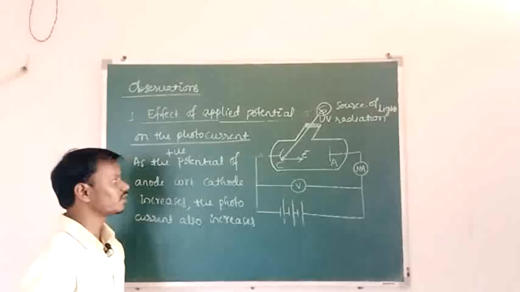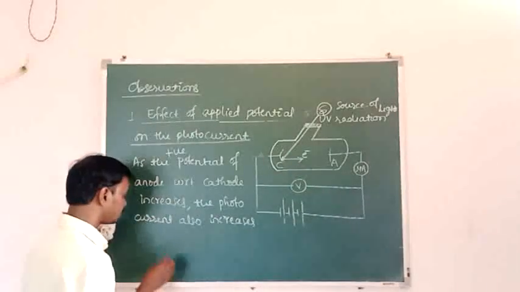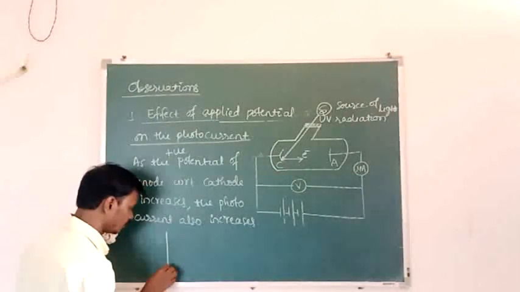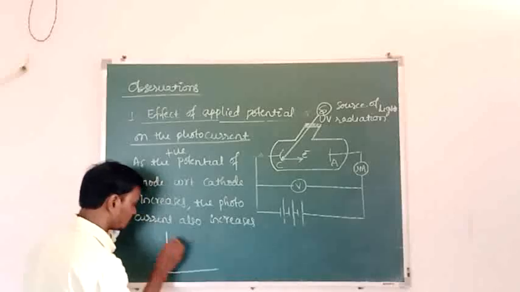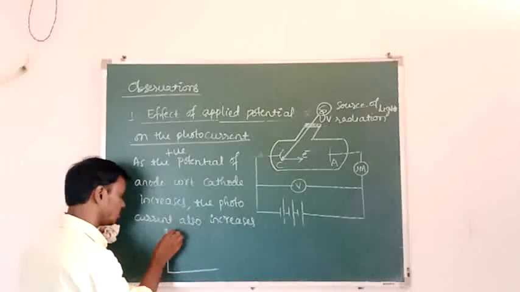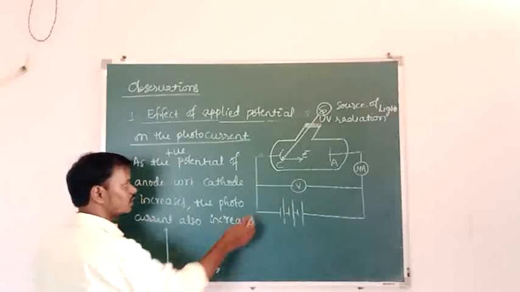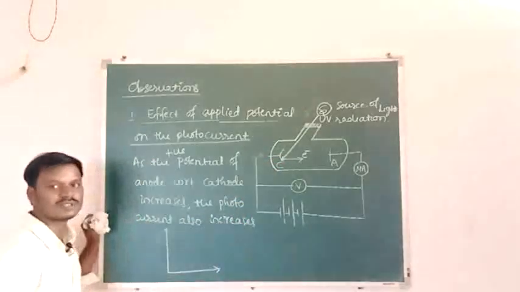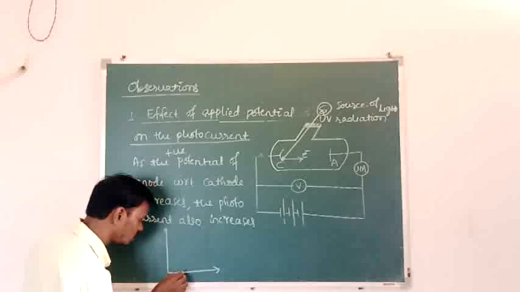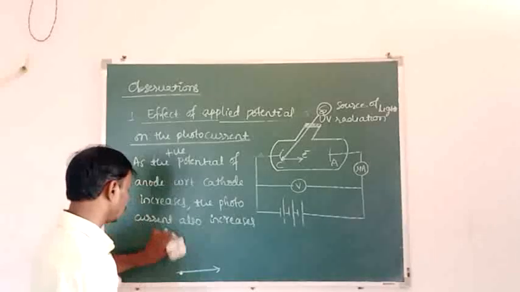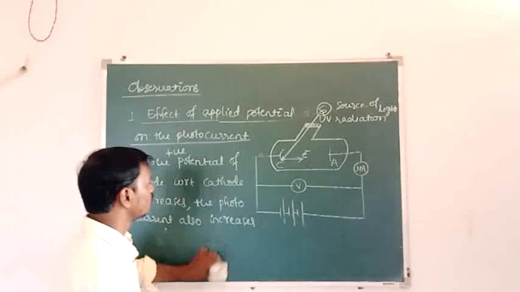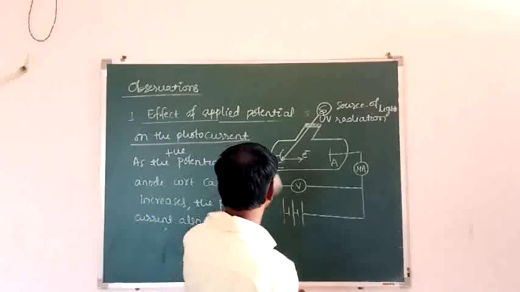Okay, so we are going to plot the graph here. Here the frequency must be greater than threshold frequency, means the frequency of incident radiation must be greater than threshold frequency. I will take this one. So graphical representation.